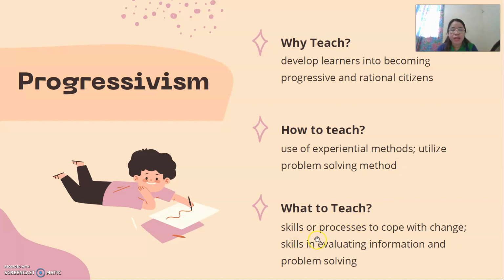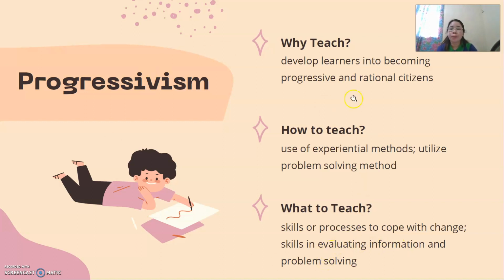And then what do we teach to them? We have to teach to them the skills or processes to cope with change. Because there is nothing more constant than change. Okay? So with progressivism as a philosophy of education, we will be able to develop individuals who are adaptive to fast changing environments, and we are going to teach to them the skills in evaluating information, and again, problem solving.